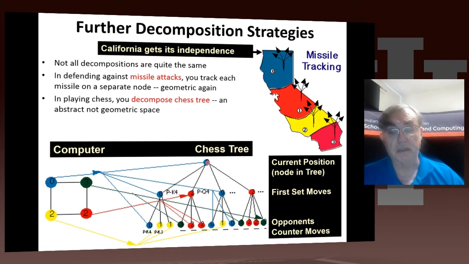They start at a particular position. They look at all possible moves in that position, give them one move by, say, white, pawn to king 4, the so-called e4 move. Then they look at all possible moves of black, which might be pawn to king 4, pawn to king 3, pawn to queen 4, and so on.